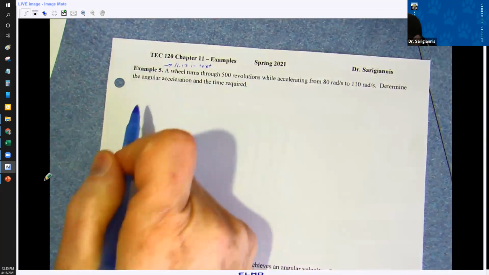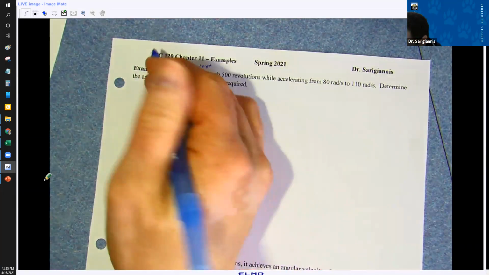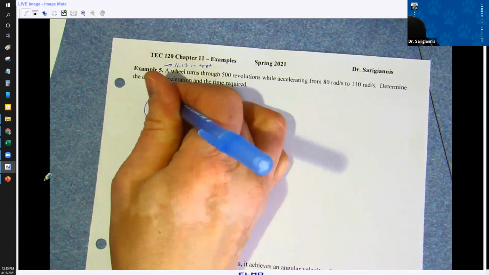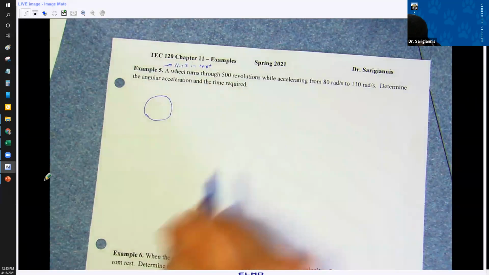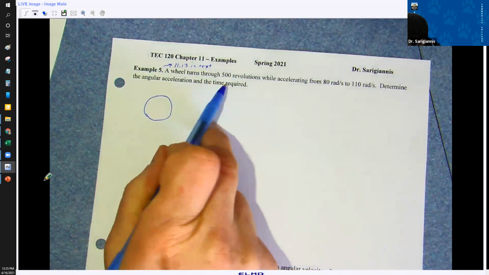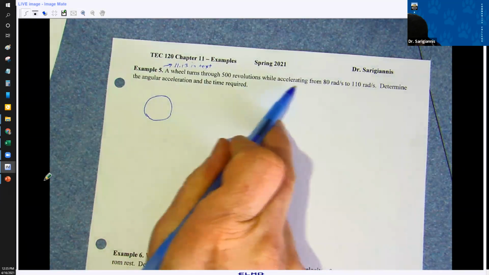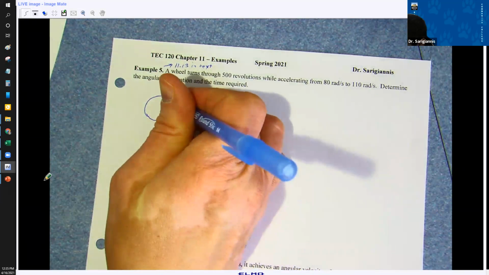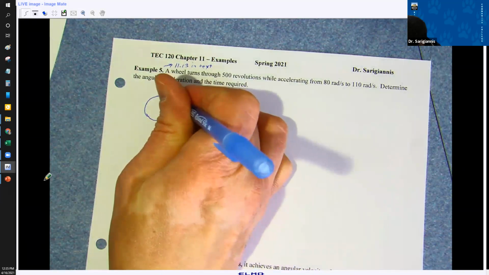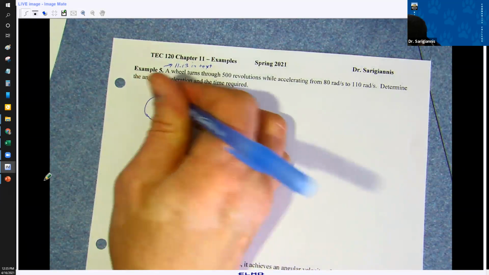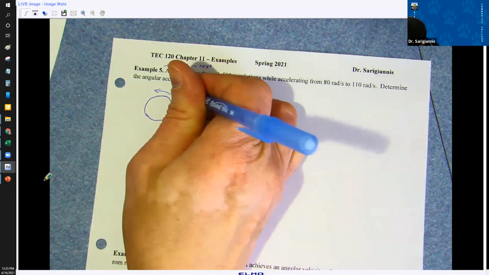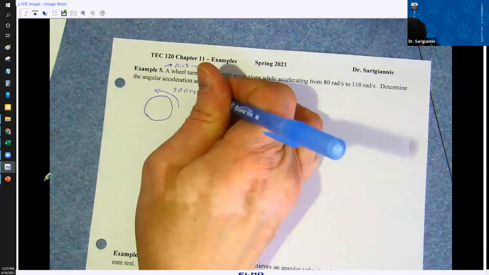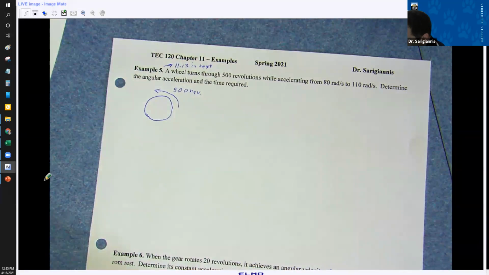Let's draw this out because, without drawing this out, it's hard to get your mind around what's going on. We've got a wheel, and it's turning through 500 revolutions while accelerating from 80 to 110 radians per second. I'm just going to draw arbitrarily a direction here. And this is 500 revolutions. That's how many revolutions it takes.